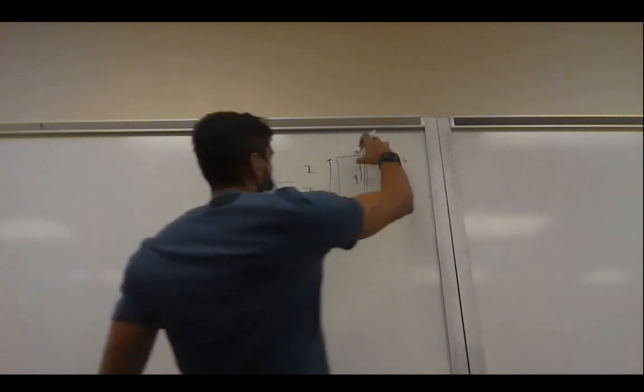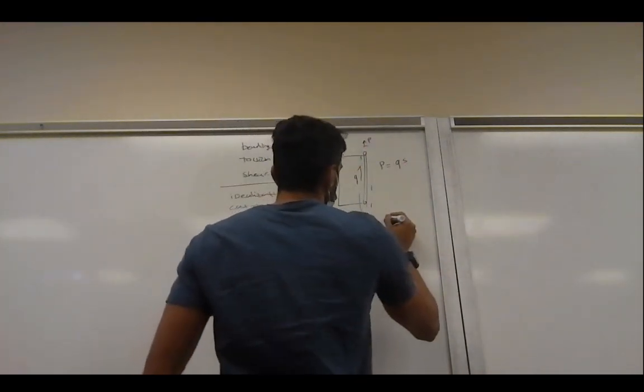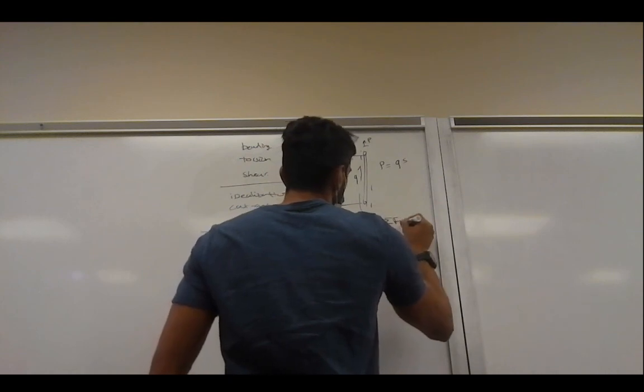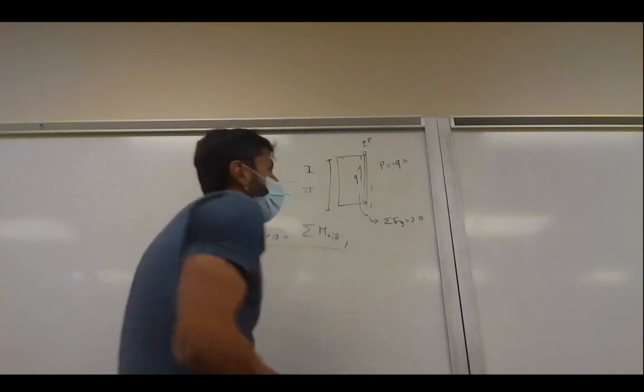So we can always isolate this segment and do again a force equilibrium in Y and find out what that P is actually equal to, minus QS in this case.